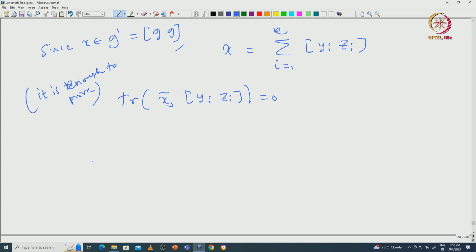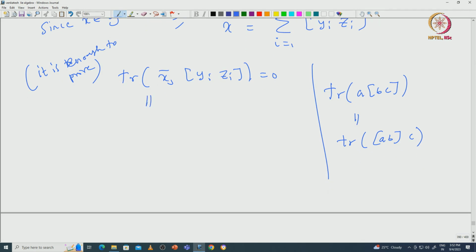But note that we already know this identity: the trace of A times [B, C] is equal to the trace of [A, B] times C. Now, if we use this identity, we can rewrite this trace as the trace of [xs bar, yi] times zi.